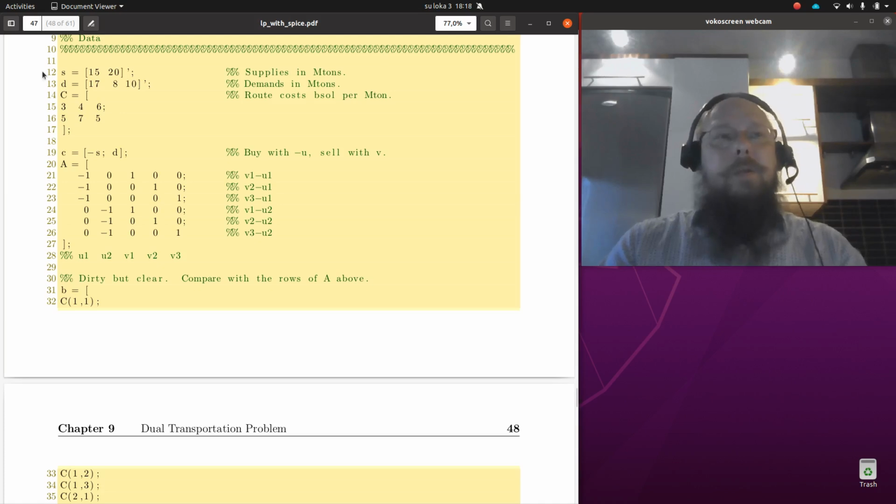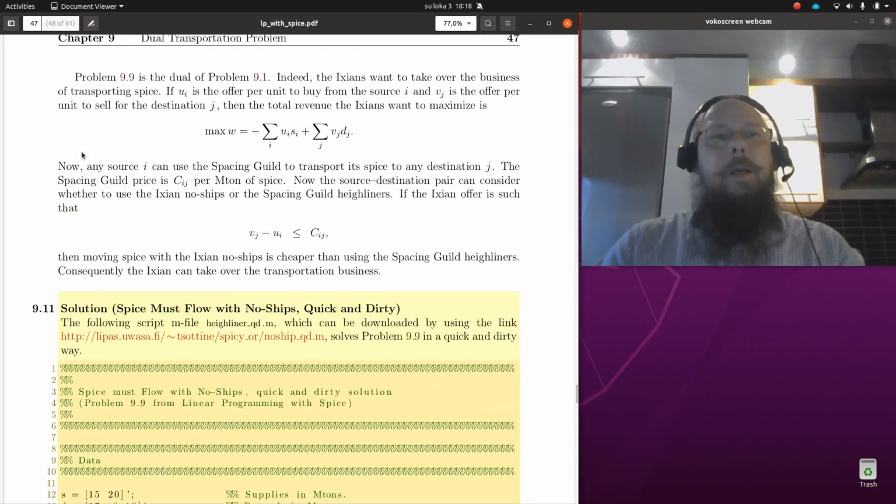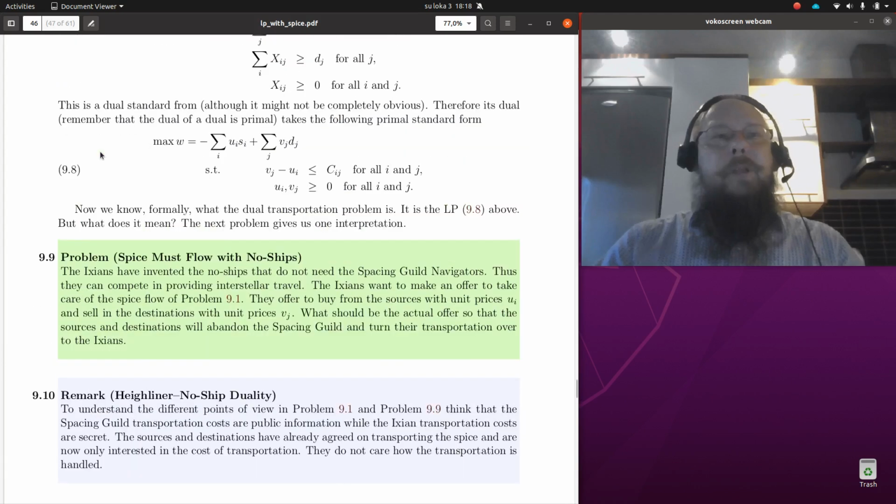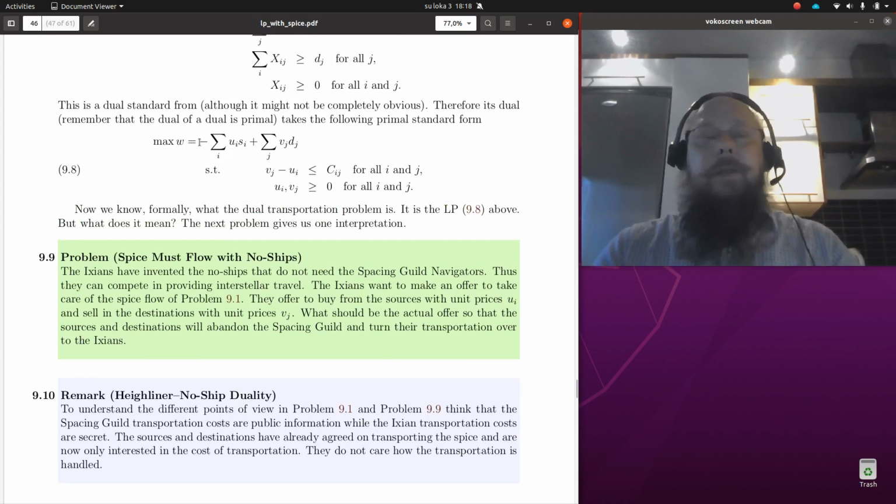So we have supplies, we have demands, and we have the cost matrix. The first thing to transform these into the LP formulation, we need of course the C, A, and B. So what is the C? C is in this dual formulation, which is now in standard form.